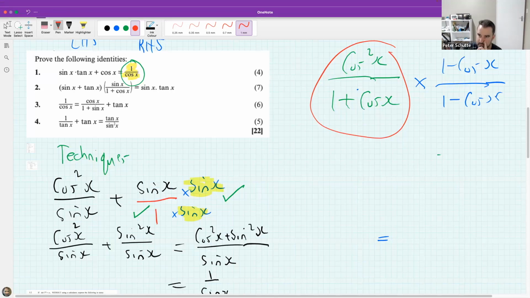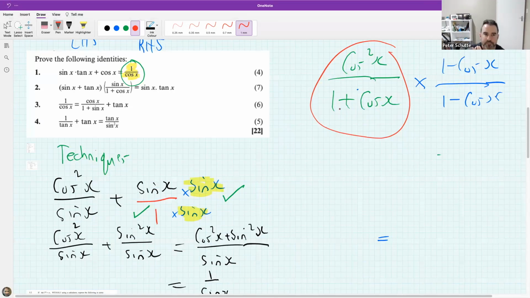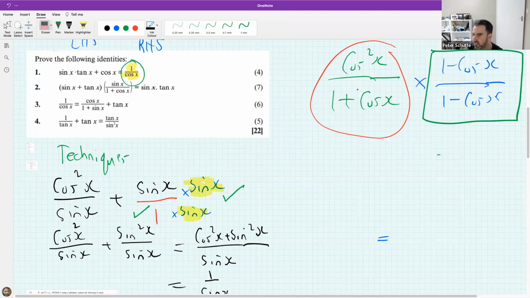Yes or no? Well, I changed something, but this is really equivalent. This whole thing is 1. And so the original expression is actually still the same thing. It's just that it's going to look slightly different, but the value is still going to be the same because it's just multiplying by 1.